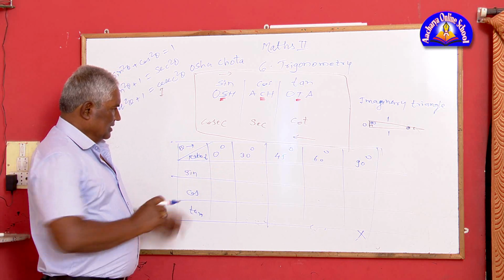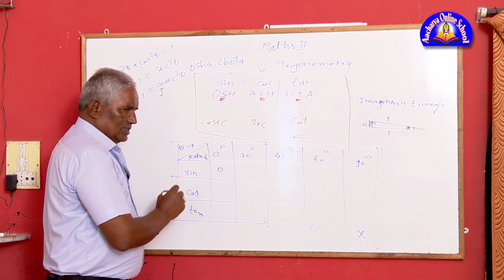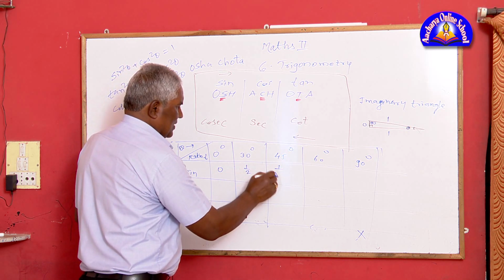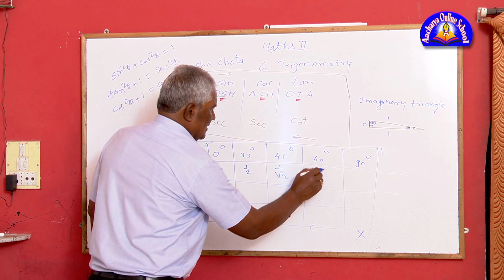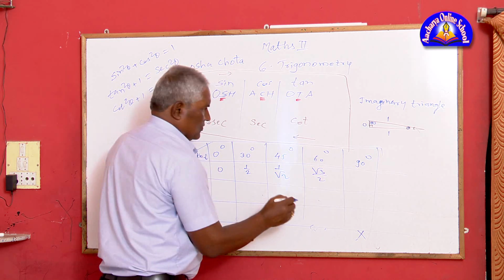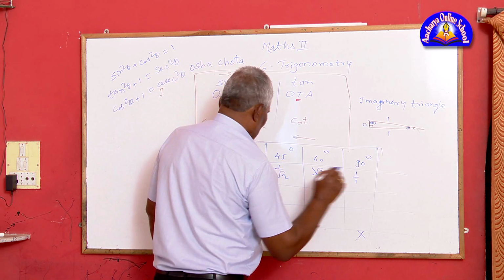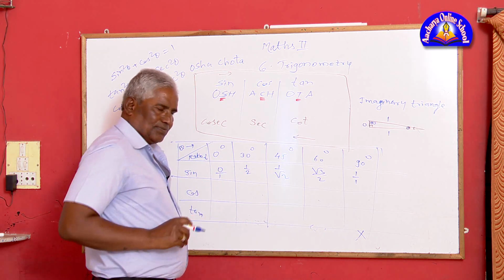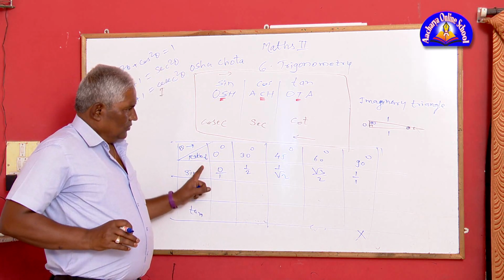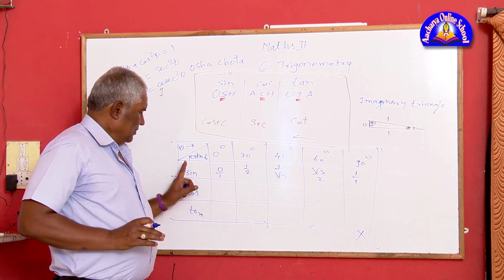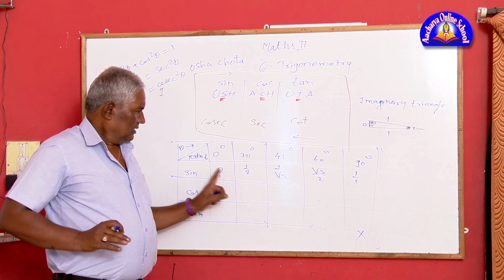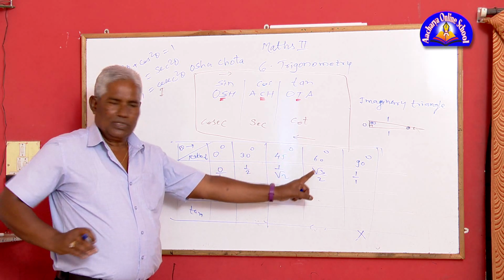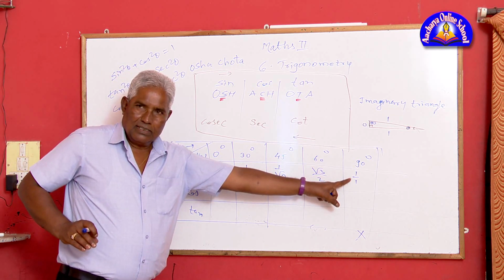If we summarize this, sin 0 is equal to 0, sin 30 was 1 half, sin 45 was 1 upon root 2, sin 60 was root 3 upon 2, and sin 90 was 1 upon 1. You may write here 1 upon 0 also, 0 upon 1. You study only this, you memorize only this line in this order: 0, 1 half, 1 upon root 2, root 3 upon 2, and 1.